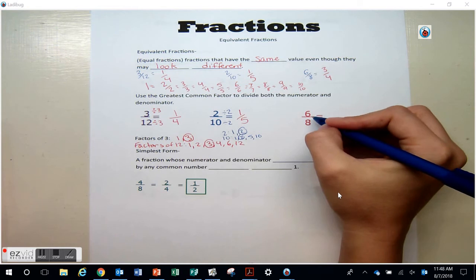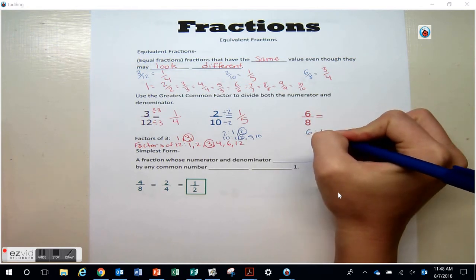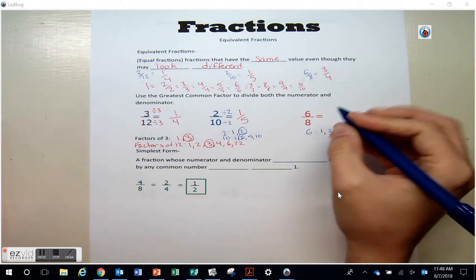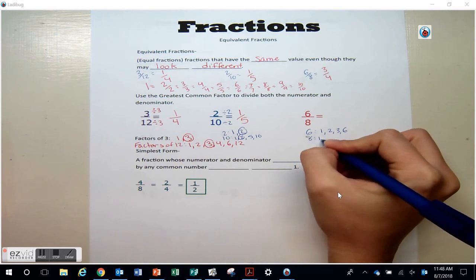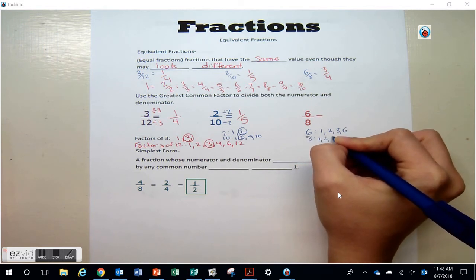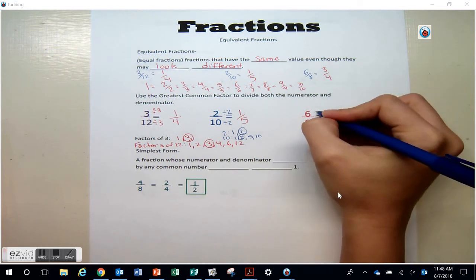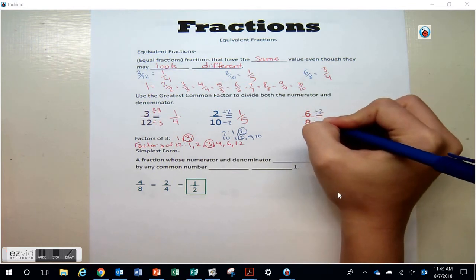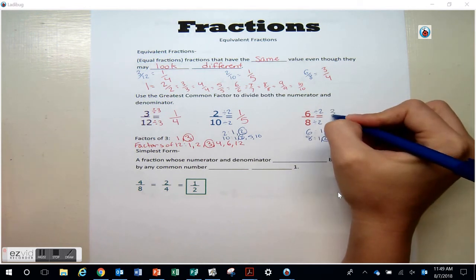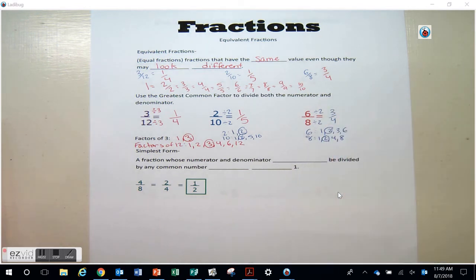Continuing on, the factors of 6 are 1, 2, 3, and 6. The factors of 8 are 1, 2, 4, and 8. The greatest common factor I see is 2, so I'm going to divide by 2 top and bottom, and I end up with 3/4, which is what we decided earlier was an equivalent fraction.